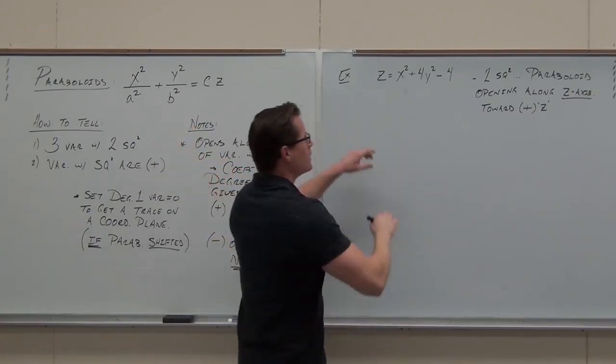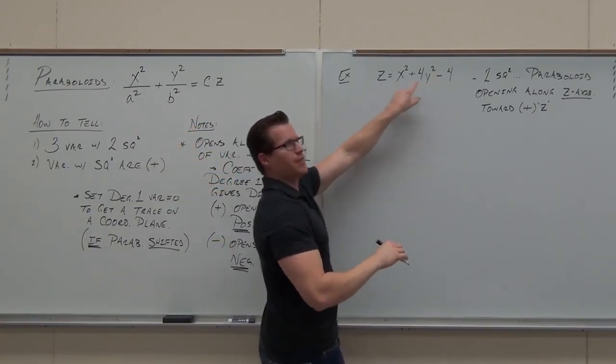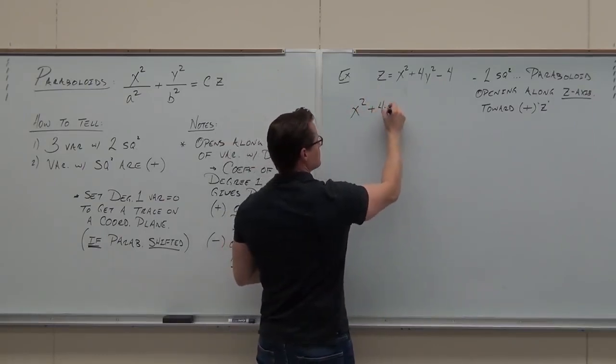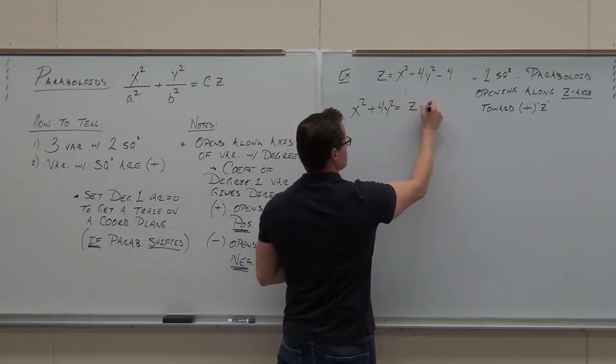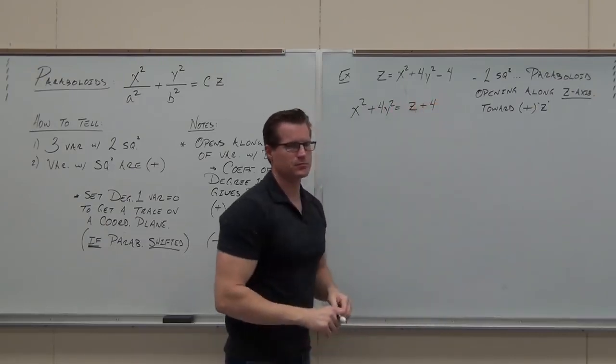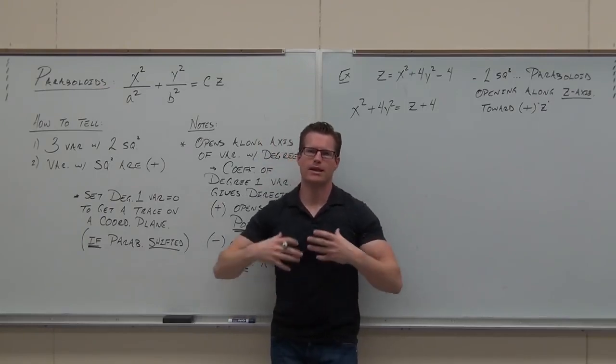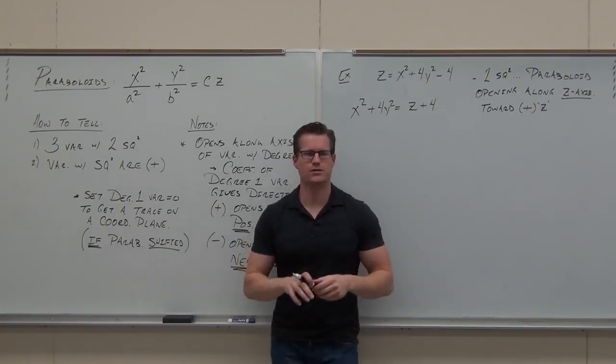I'm going to show you this. What I'm going to do right now is I'm going to add that 4 over. This is typically how I like to put the formula or the equation for paraboloids. There's only one drawback here. Please listen.